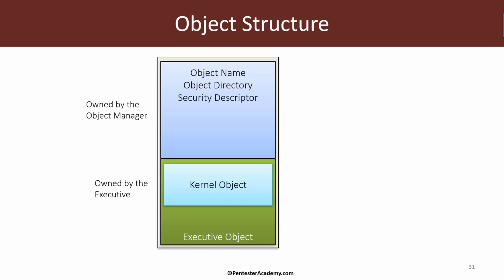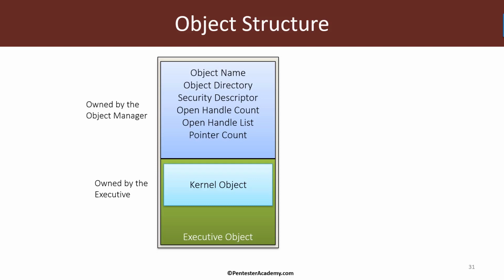We have a security descriptor which indicates who can do what with the object, because every object can be protected. The object manager maintains the open handle count to know how many handles are open to the object, and also a list of handles to that object for when we need to search or use one of these handles.